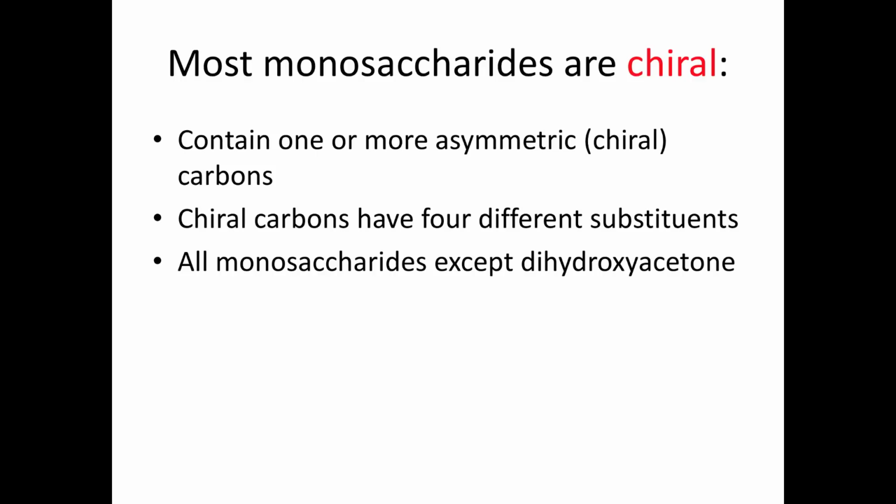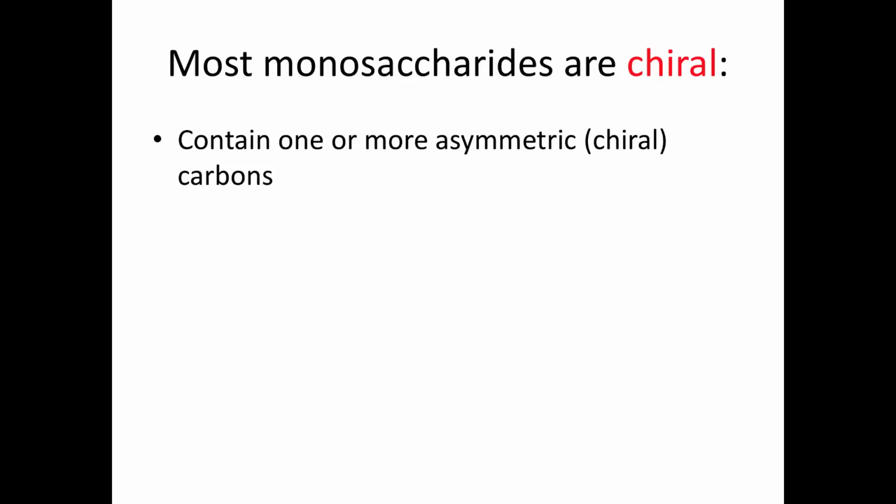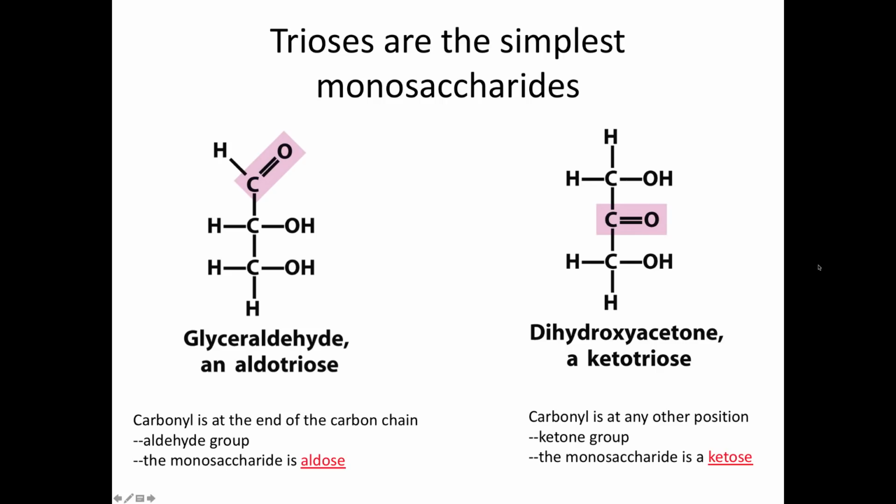And the exception is dihydroxyacetone, and that's because that ketone group is at the 2nd position, and so that carbon is no longer chiral. So if we go back, what we see here is now you have a symmetrical carbon. So this end of the molecule is identical to this.